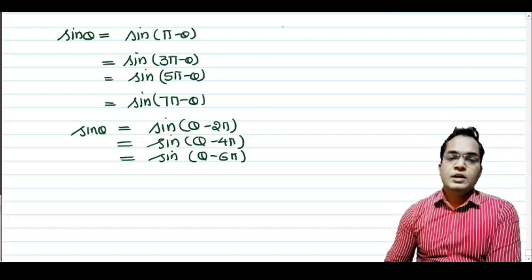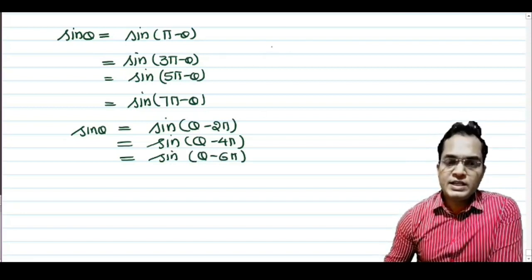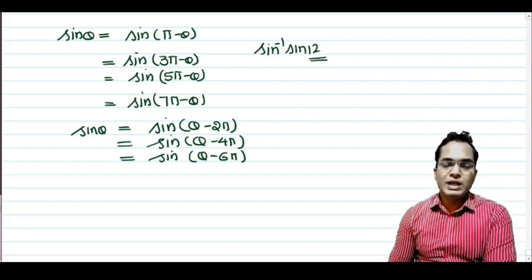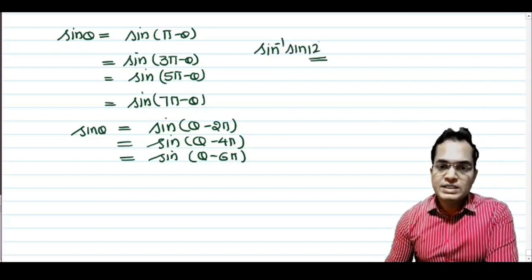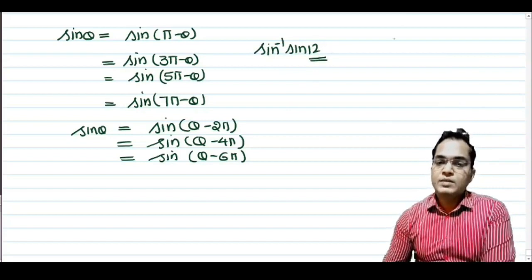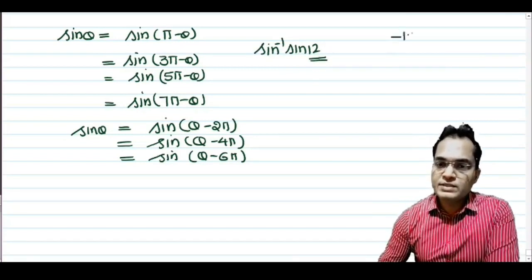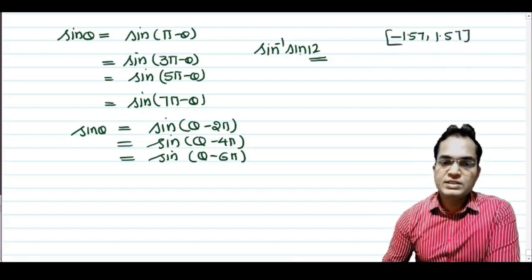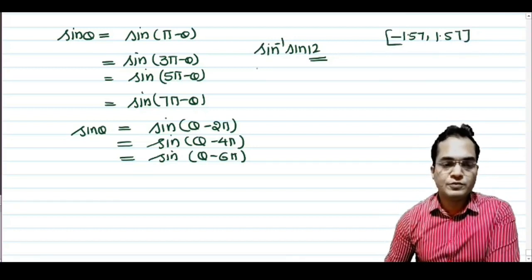Okay. Now there is a question: what is the value of sine inverse sine 12? Check it. How can 12 be simplified? This value must lie between minus 1.57 to 1.57. If this value comes under this system, then we can say sine inverse sine 12 is equal to that value. Okay.